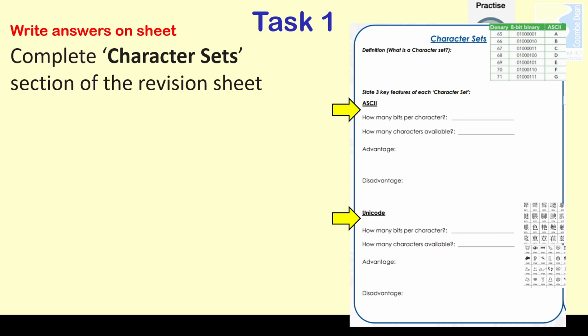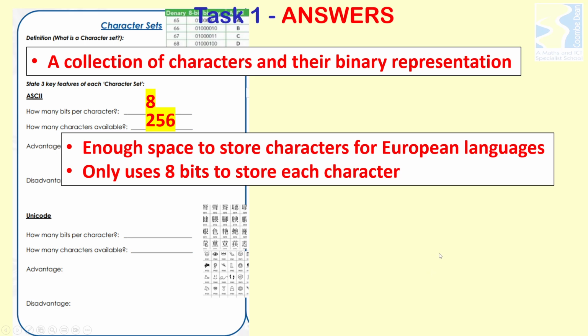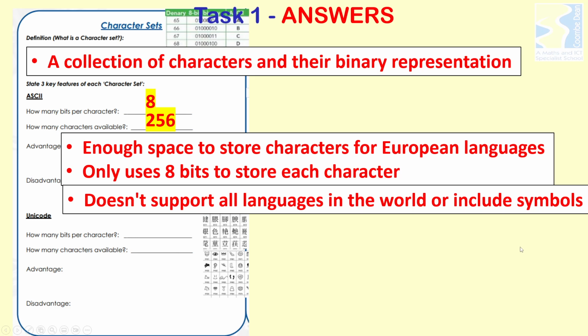Okay, time to check your answers. So what is a character set again? A collection of characters and their binary representations or their binary values. And we've got ASCII, 8 bits per character, 256 different characters. Enough space to store all the characters in European languages, and only uses 8 bits, but doesn't support all the languages in the world or doesn't include symbols.